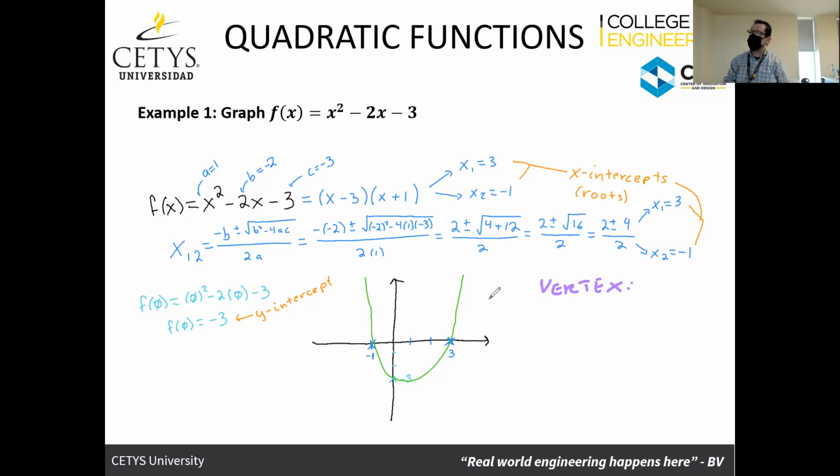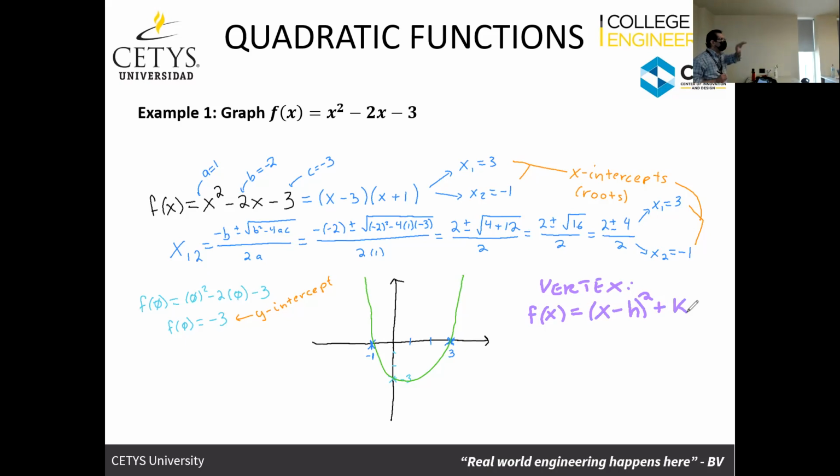So what we're going to do is the following. I'm going to take the original function. Before that, to find the vertex, we need to represent the function this way. f of x has to be x minus h elevated to the square plus k.